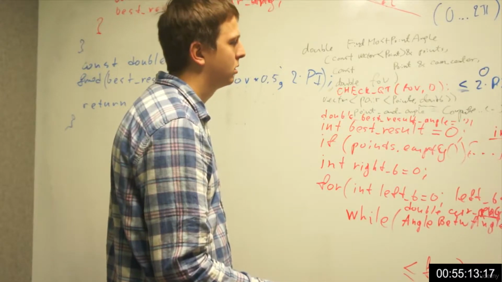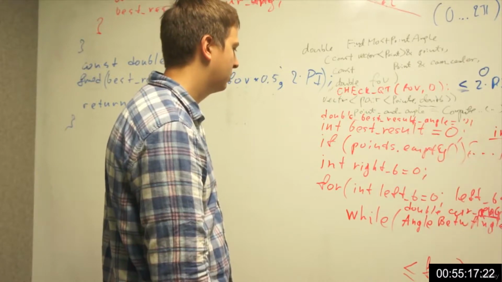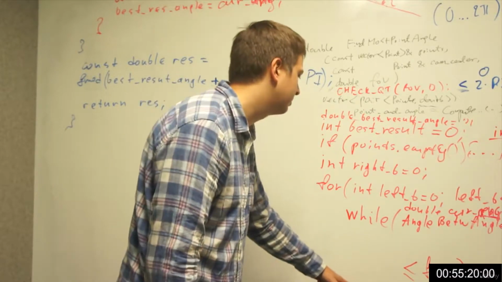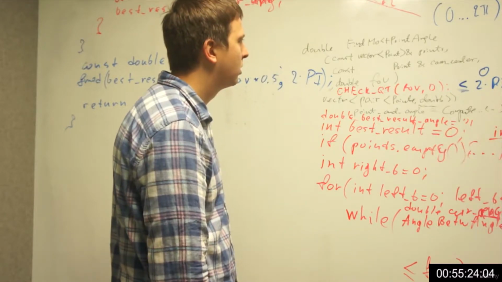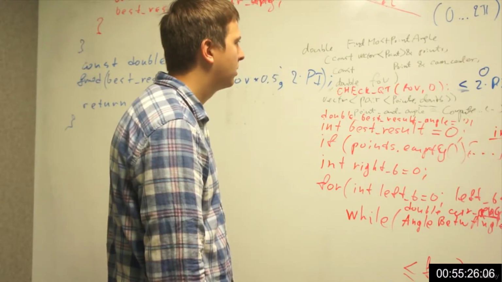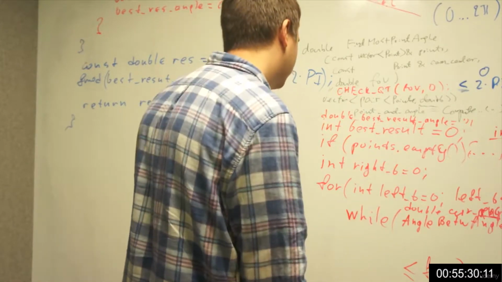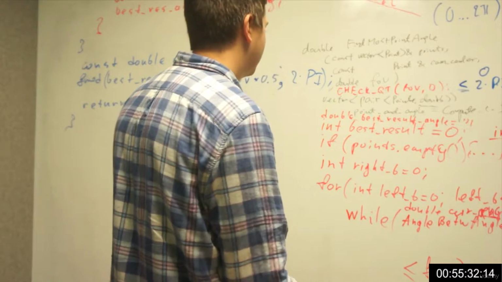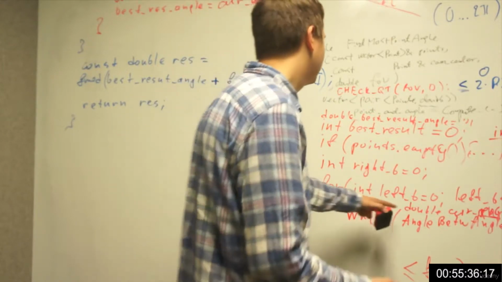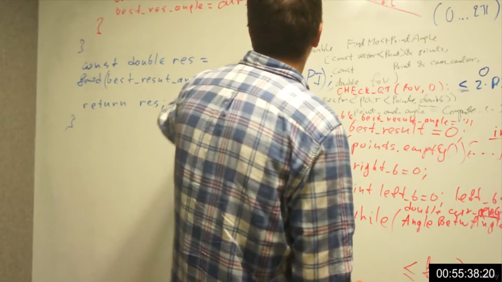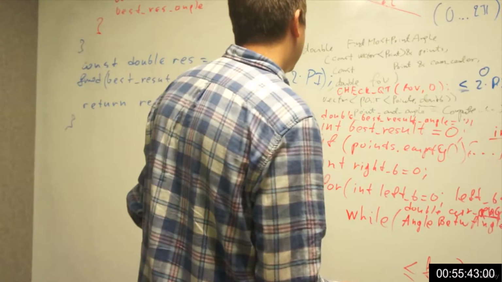And then what are you going to store here? What is the best result angle? Yeah, I update it all the time. So the best result angle means the beginning of the angle or the finishing? Yeah, it's a bug, my bad. It's going to be the beginning of the angle. Okay, so in update I need to write... Oh, it's such a stupid bug.